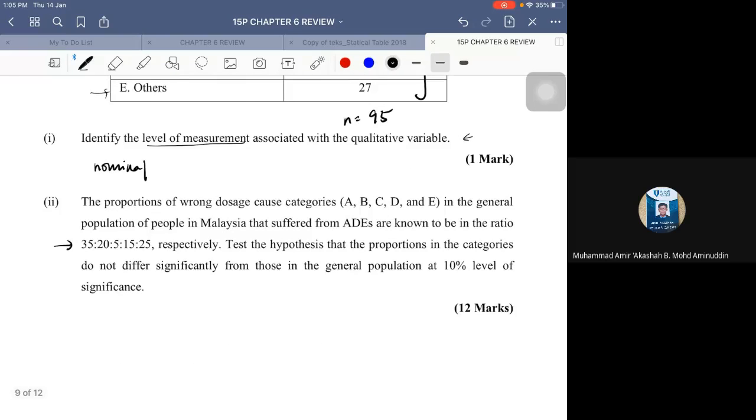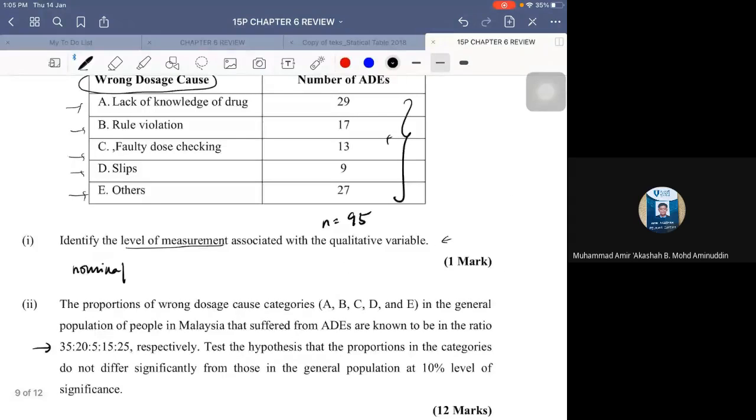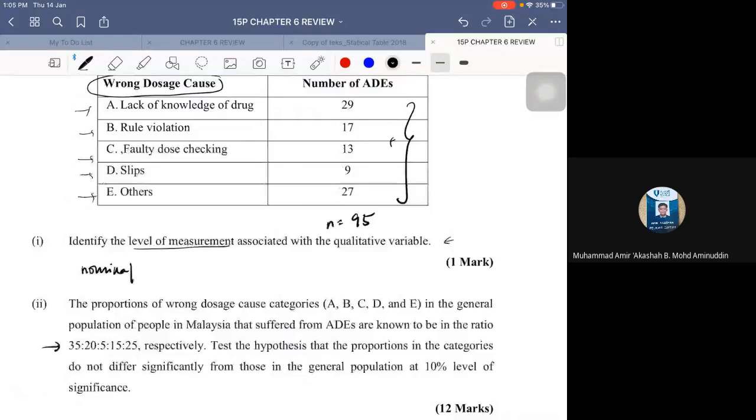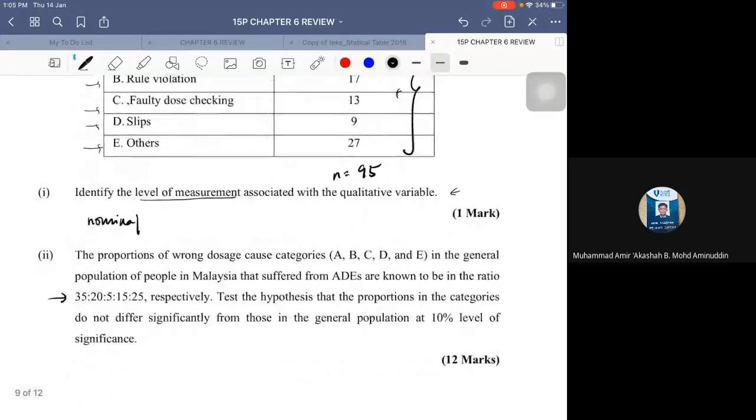When you get this kind of question, as I mentioned just now, I'm not going to do the whole calculation, I'm just going to give you the idea of how to find the expected value. Your question is given in terms of a ratio. First of all, when you get a ratio, sum up the ratio, because it's not necessarily going to add up to 100.